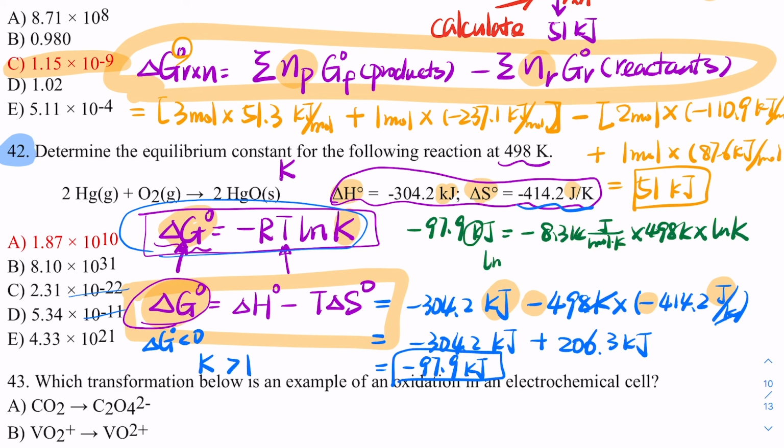This should be ln K equals 23.65. Then K equals e to the power of 23.65, and you get 1.87 times 10 to the power positive 10. So this is how you get to the answer as A.